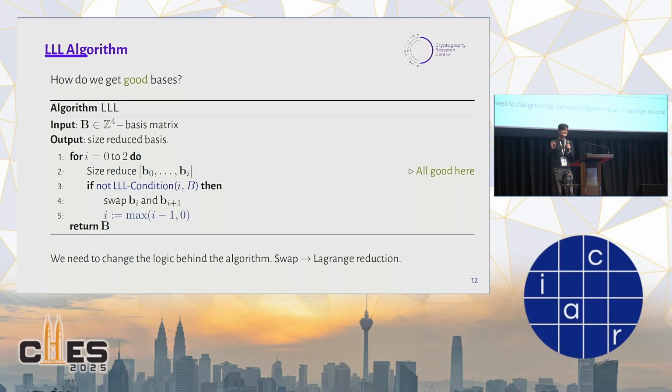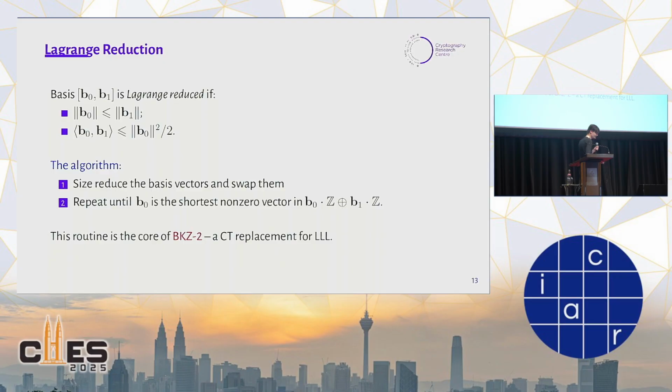Unfortunately, it's impossible unless we change the way the very LLL algorithm works. We need to rework the workflow, the main idea behind this algorithm. In order to do so, we first need to introduce something called Lagrange reduction. Lagrange reduction works in 2 dimensions, and it gets you basically the best possible basis one could ask for in 2 dimensions.